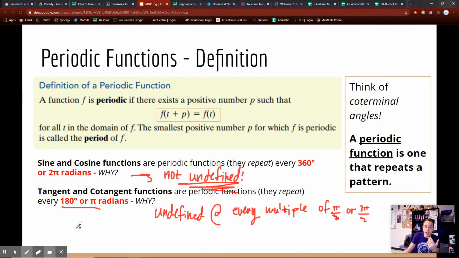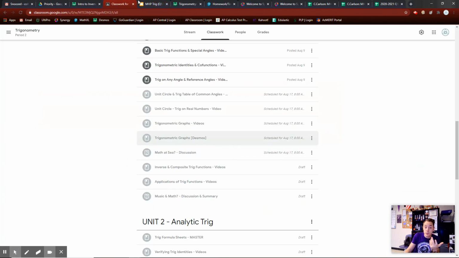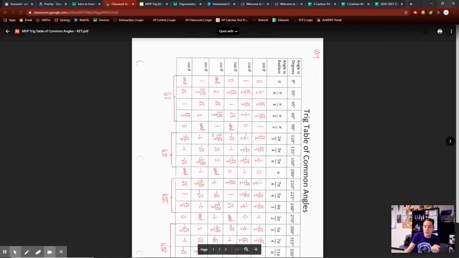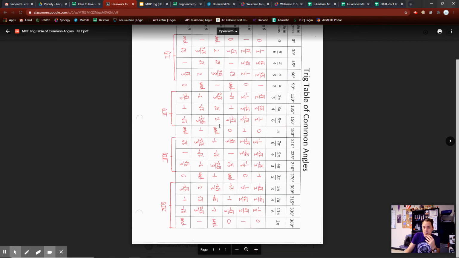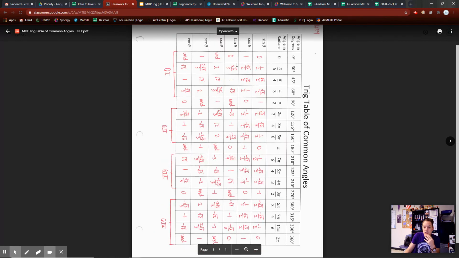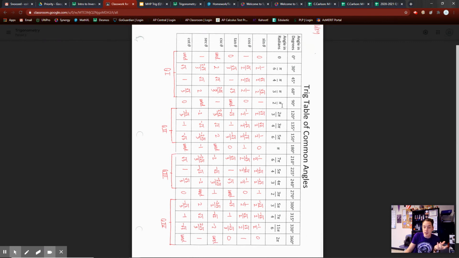How do I know that? Well, if you allow me to, go back to your trig table of common angles. This is your trig table of common angles. I know it's sideways, but just bear with me. Look at tangent. Tangent's right here, and it's undefined at pi over 2. Why is it undefined at pi over 2?